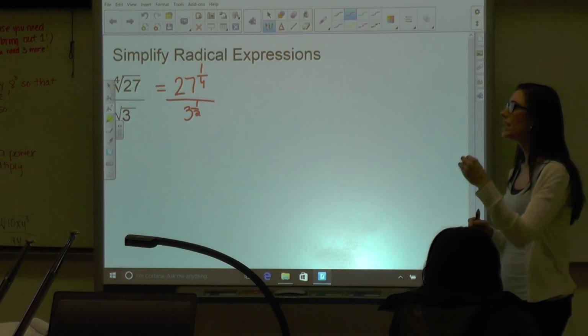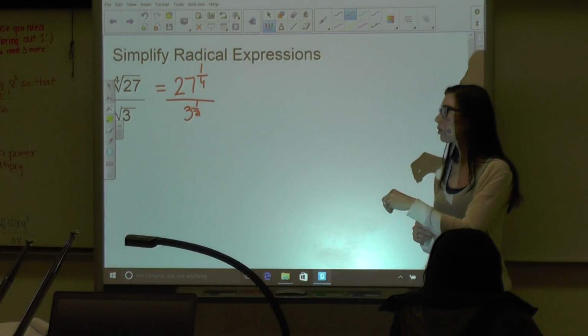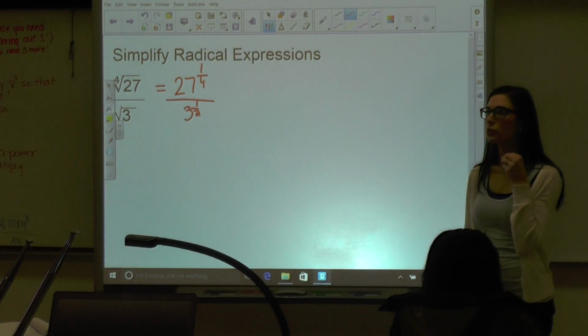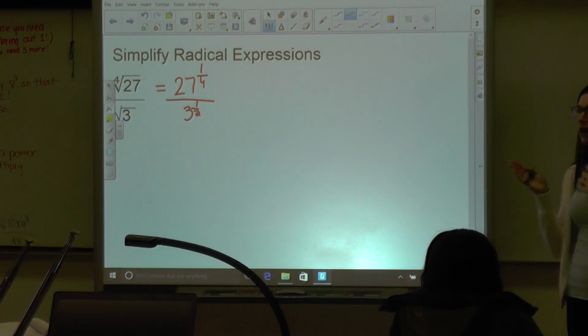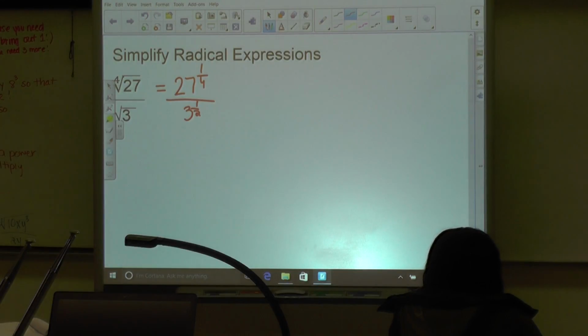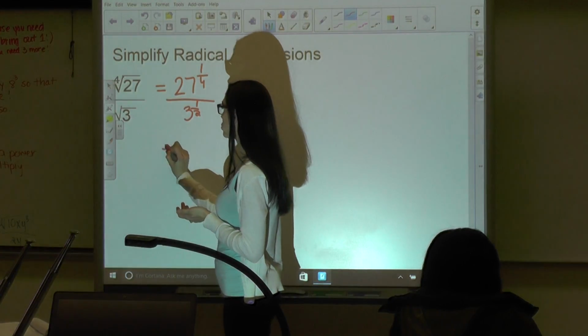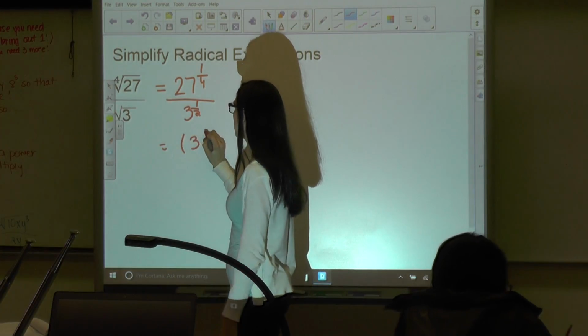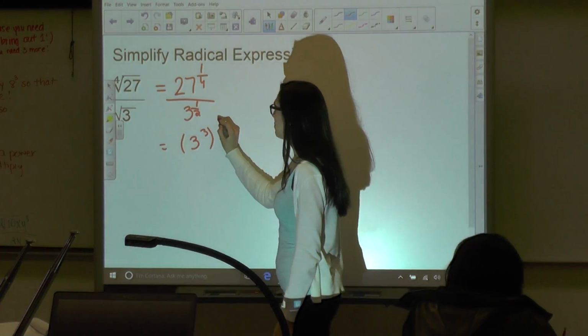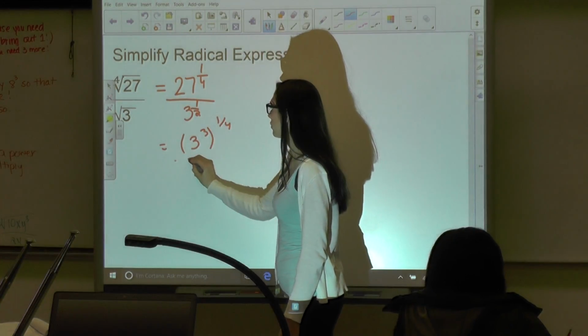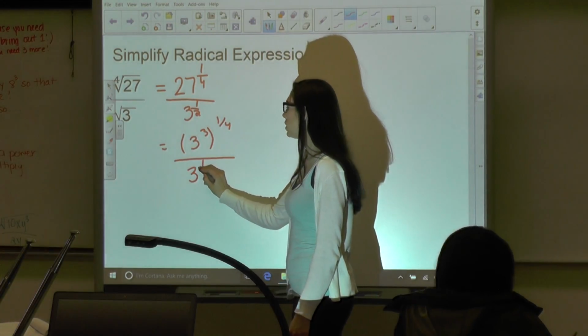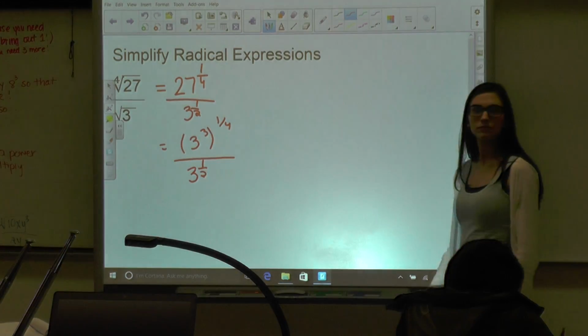However, can you make 3 or any other number become 27 when you make it to the power of something? 3 to the power of what's going to give you 27? 3 cubed. Yeah, 3 cubed is 27. So we're going to turn 27 into 3 cubed and make that to the power 1/4. 3 to the power 1/2 stays on the bottom.